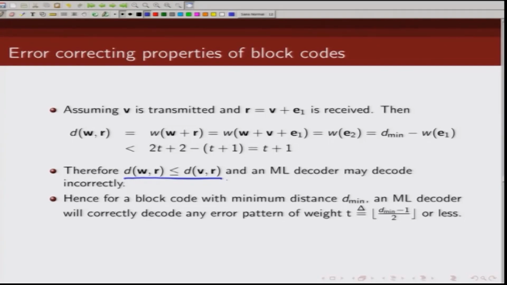So, through this construction we have shown that if your error pattern is of weight t plus 1, then you are not guaranteed to correct that error.